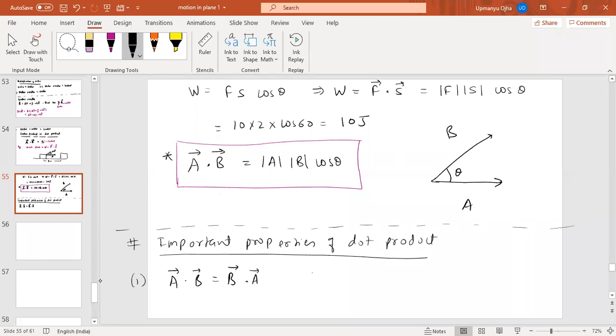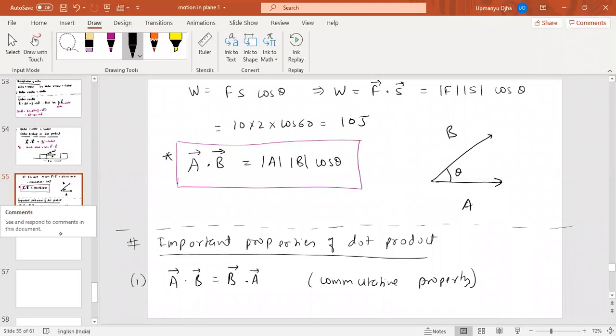This is known as the commutative law. Commutative property means A dot B is equal to B dot A. Can we prove this point or not? Can you prove that A dot B equals B dot A?